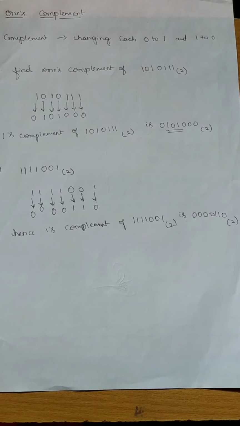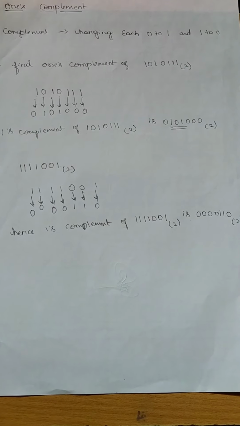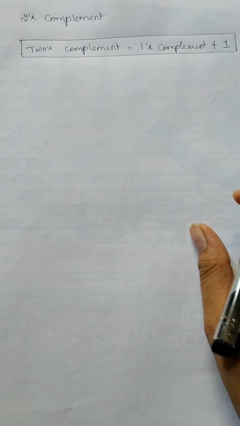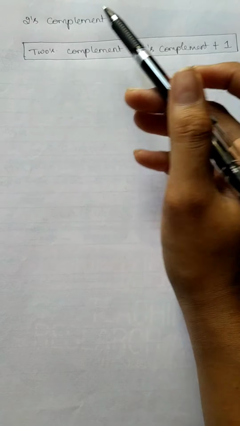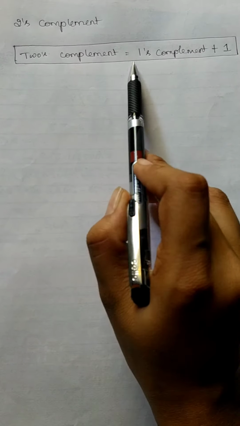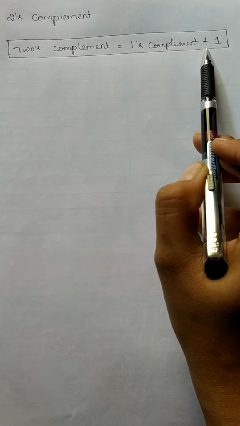Now we'll see what is twos complement. The next type of representation of signed integer is twos complement. How do we get twos complement? Twos complement equals ones complement plus 1.